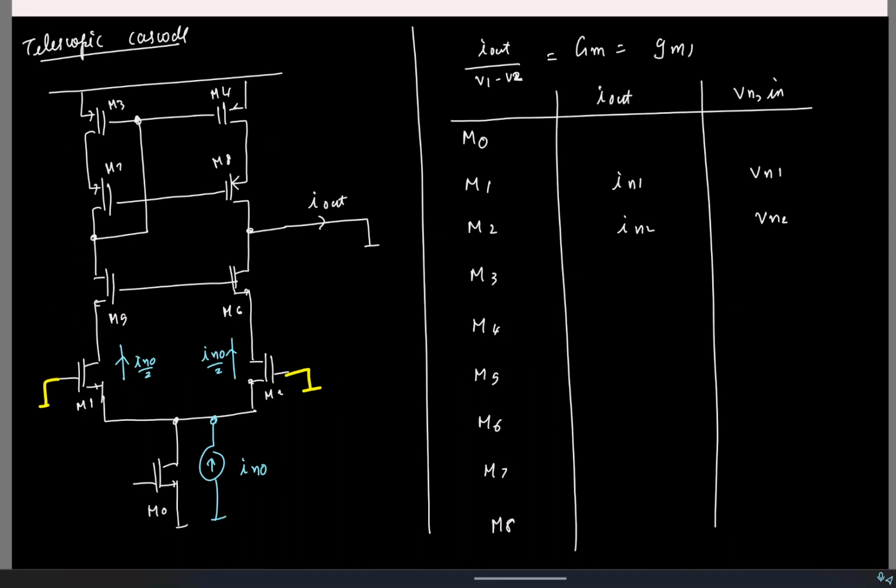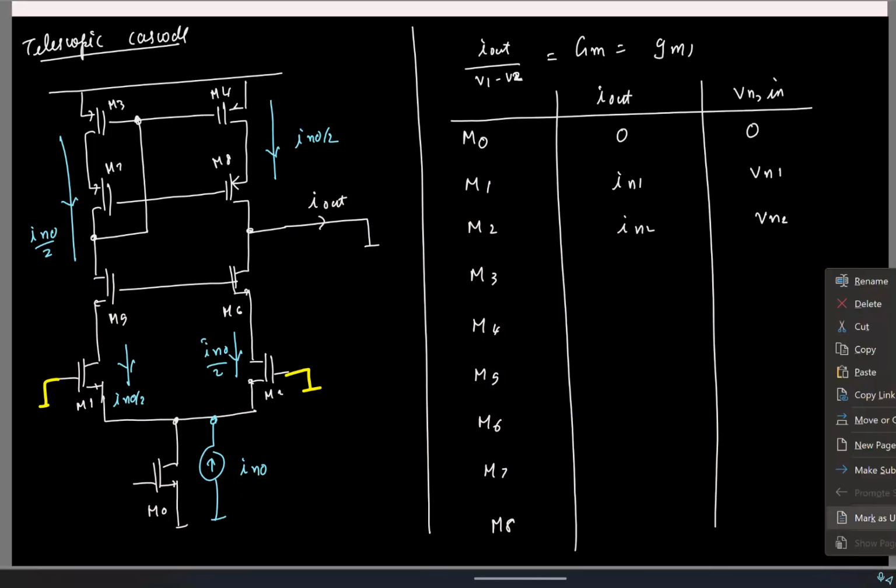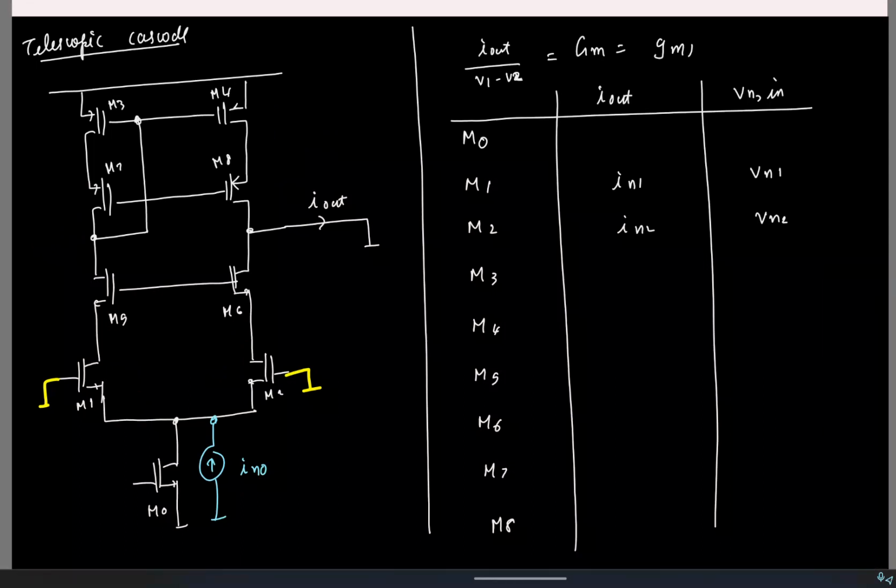Oops, I think the direction is wrong, sorry. This is half the current, this is also half the current. The current flowing in this diode connected device is mirrored here. So the final output current is 0, same as before, simple. Okay, so this is 0.